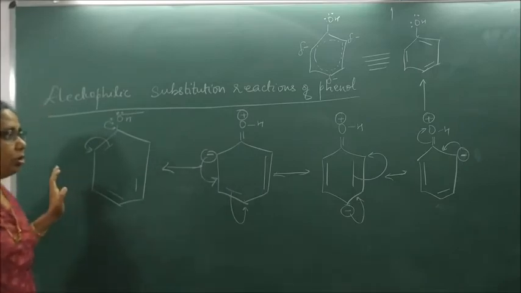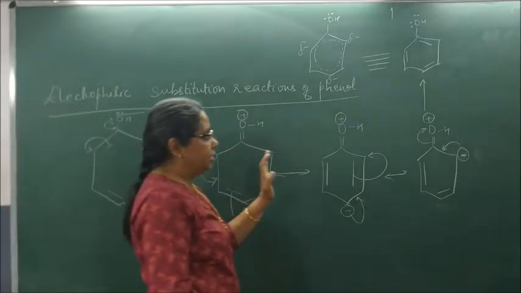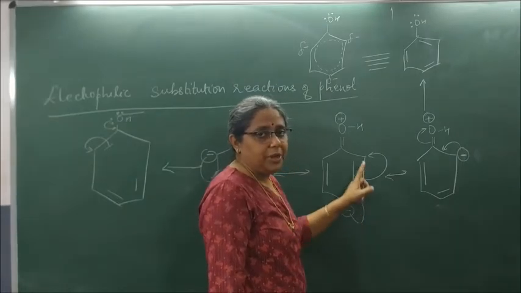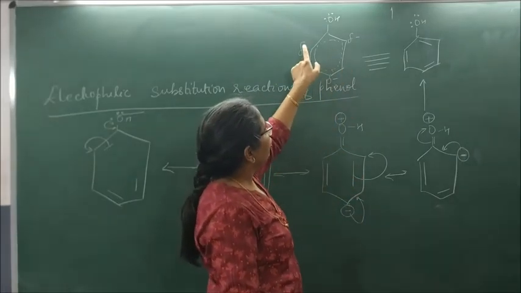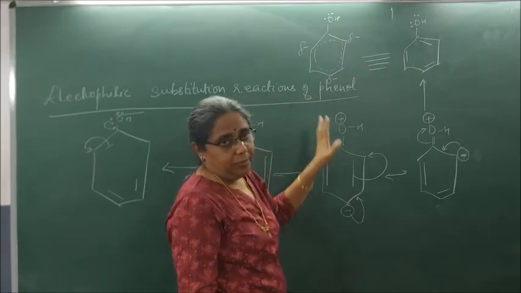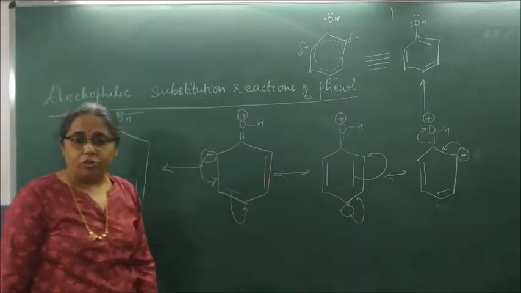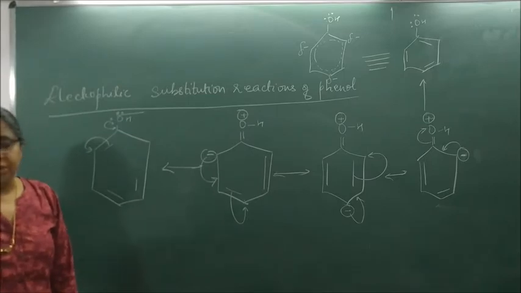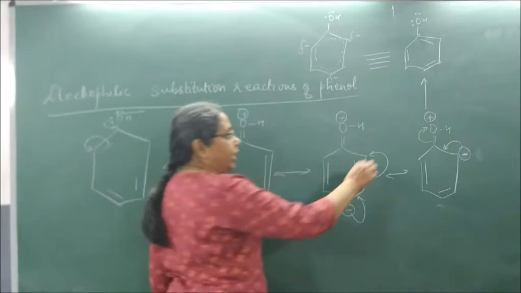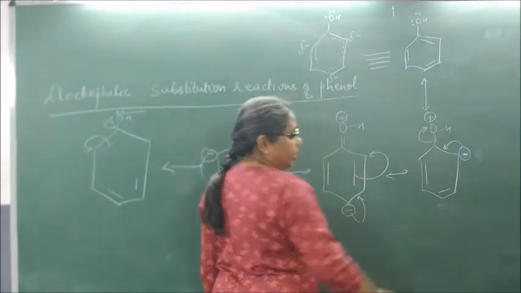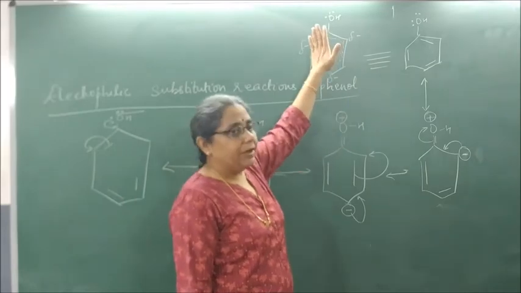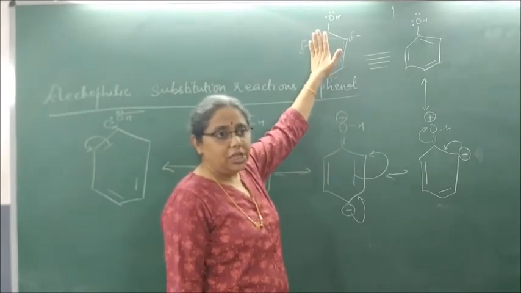This is because on account of resonance, the OH group sends the electron towards the benzene ring, and the electron density increases at ortho and para positions. Please draw this and write till the resonance hybrid. There should always be double-headed arrows between the resonating structures, and finally this is the resonance hybrid.